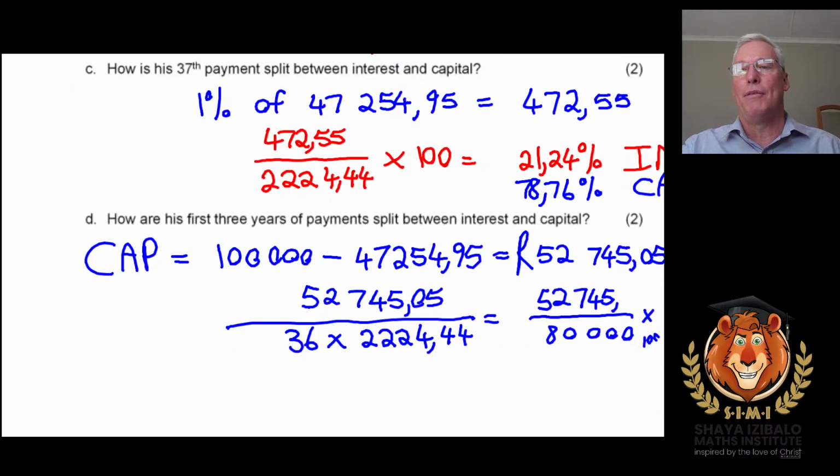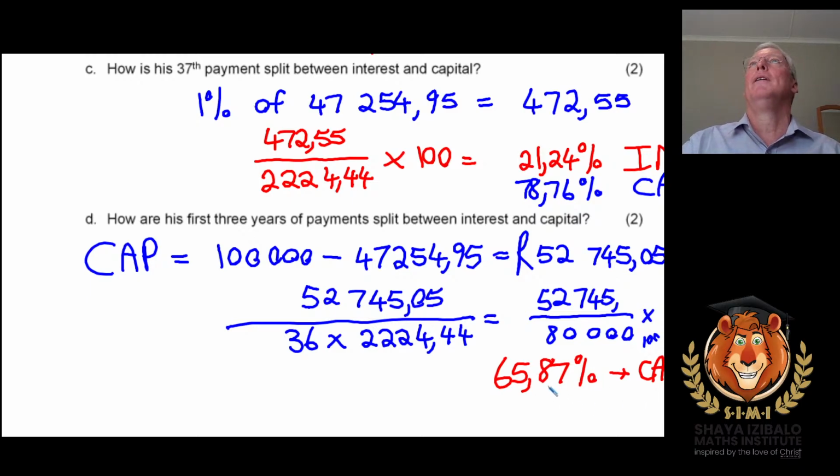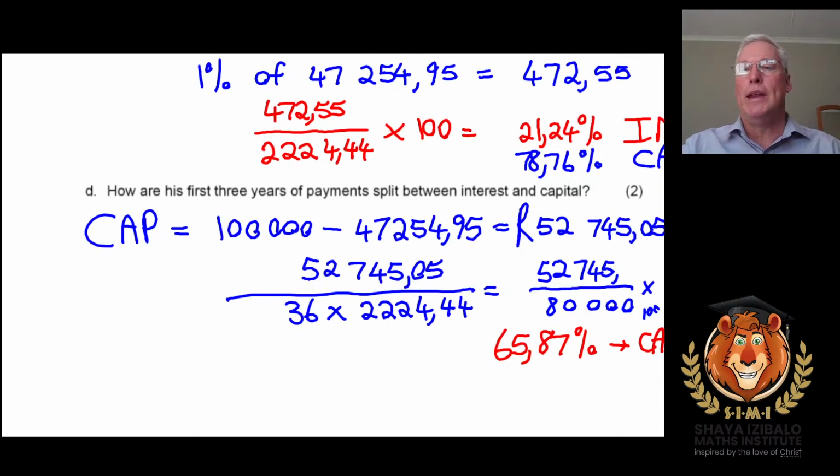It's actually 65.87%. As I said, I do like the accuracy. And so basically, 65.87% went to capital. And the balance, in other words, if we take that away from 100, we get 34.13 that went to interest.